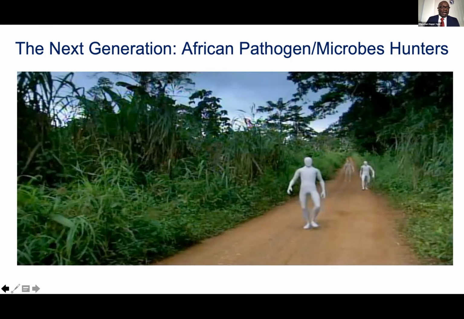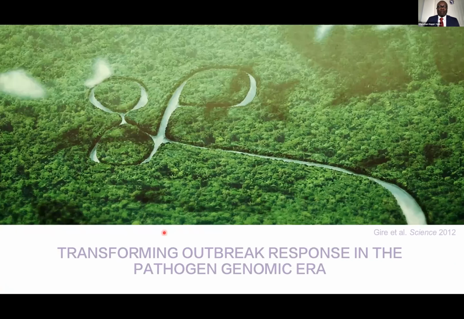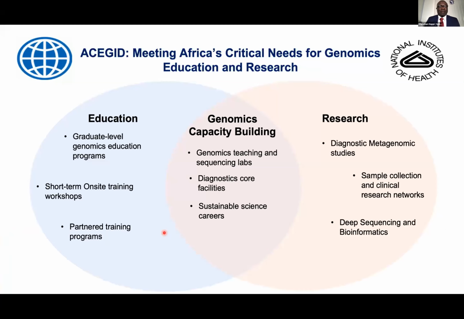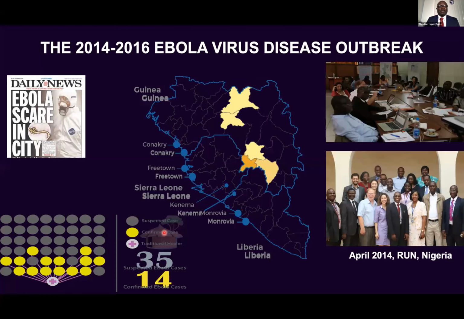Through this platform, we had the first demonstration of genomic, transformational outbreak response in 2014, during the Ebola outbreak in West Africa. When this outbreak happened, we were able to use this information to respond to Africa's genomic needs, and show that in action.